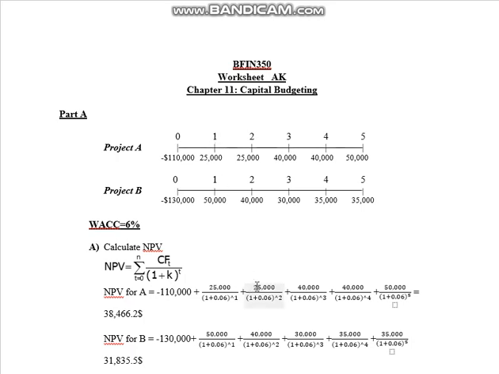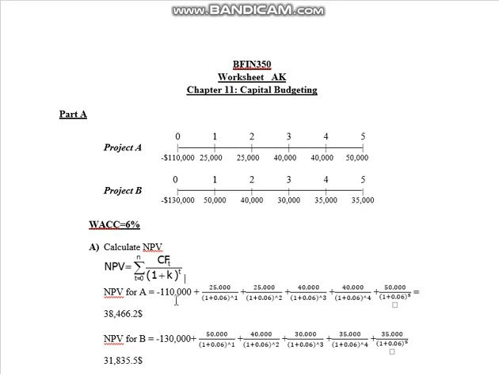Then 25,000, which is the cash flow for year 2, discounted at 1 plus 0.06 to the power 2, plus 40,000, which is the cash flow at year 3, discounted at 1 plus 0.06 to the power 3, plus 40,000, which is the fourth cash flow, discounted at 1 plus 0.06 to the power 4, plus 50,000, discounted at 1 plus 0.06 to the power 5, which is the fifth year.